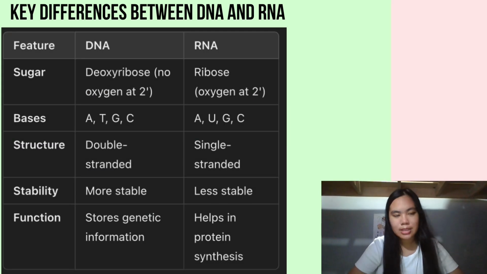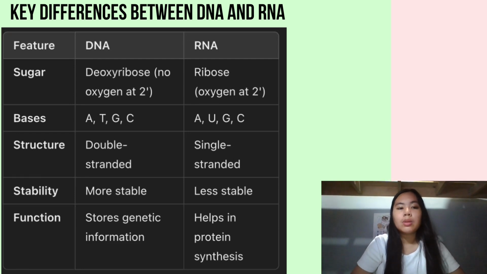So to summarize, these are the key differences between DNA and RNA. The DNA sugar is deoxyribose and RNA is ribose, and their bases are adenine, thymine, guanine, cytosine in DNA, and adenine, uracil, guanine, and cytosine in RNA.